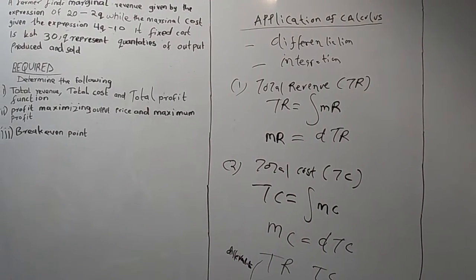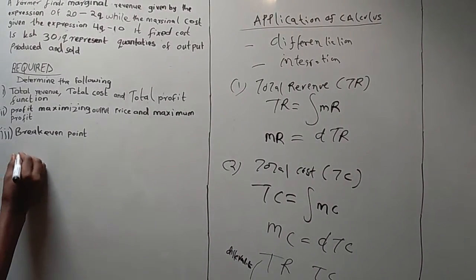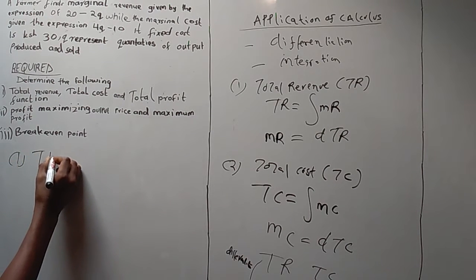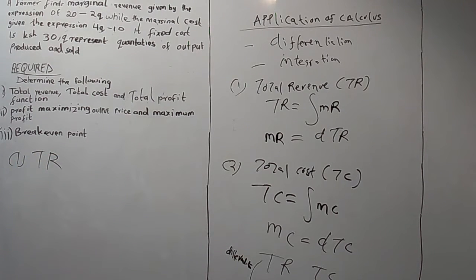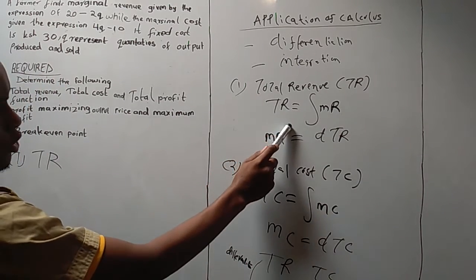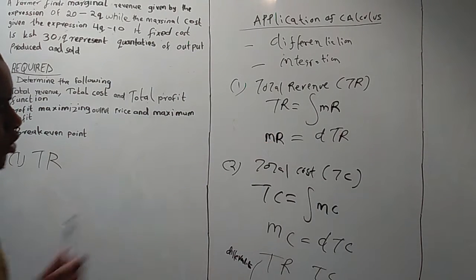So, let's start with the first part. We are asked to calculate the total revenue. Remember, we have the marginal revenue, and total revenue is equal to the integral of the marginal revenue.